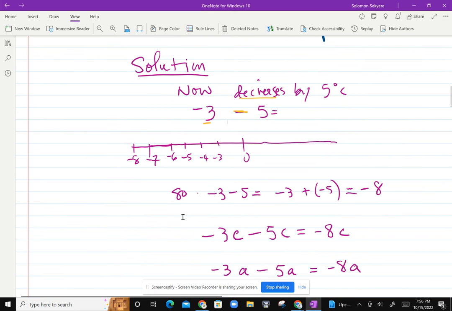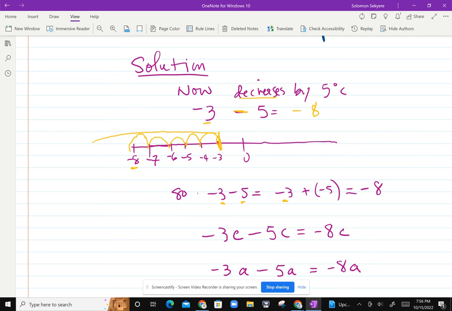So if you are at negative 3 and it's decreasing, you remember we said when it's decreasing, it goes that way. So it's negative 3, 1, 2, 3, 4, 5. We end at negative 8. So it is negative 8. See that? So negative 3 minus 5 is the same as doing negative 3 plus negative 5.